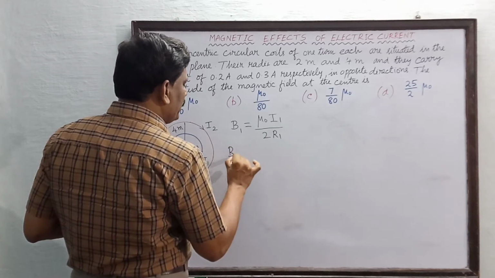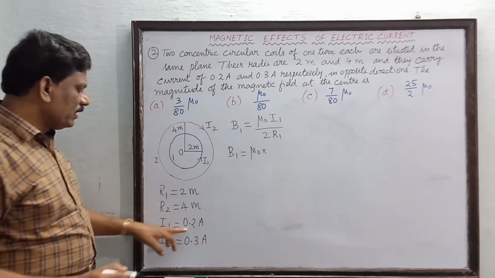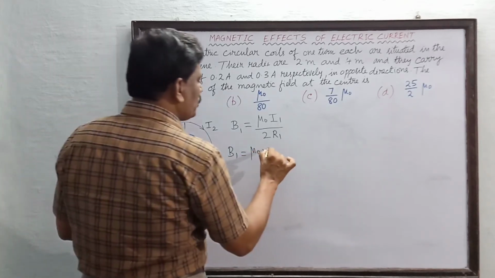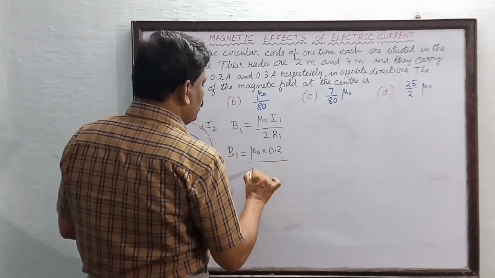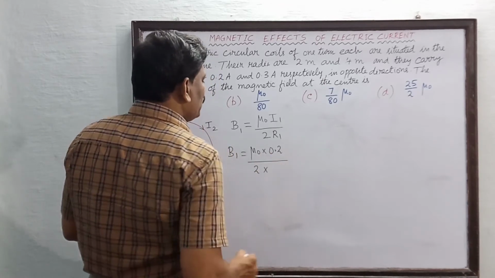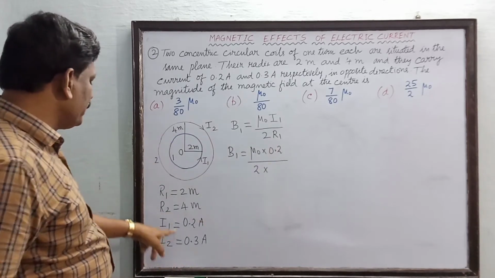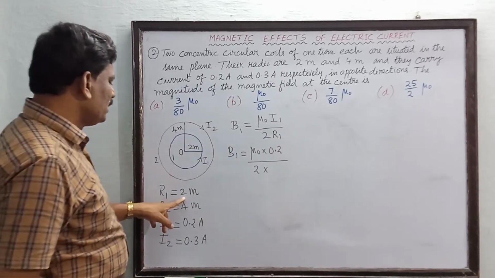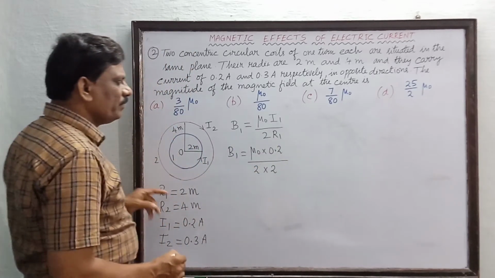So B1 is equal to mu naught into 0.2 divided by 2 into the radius of the first coil, that is 2 meter, so 2 into 2.